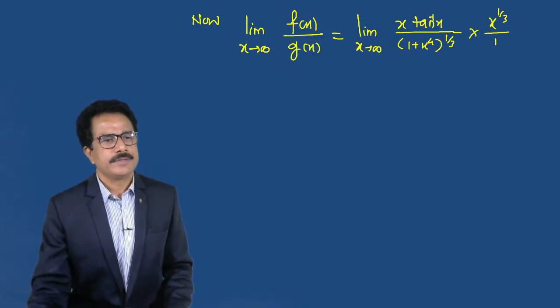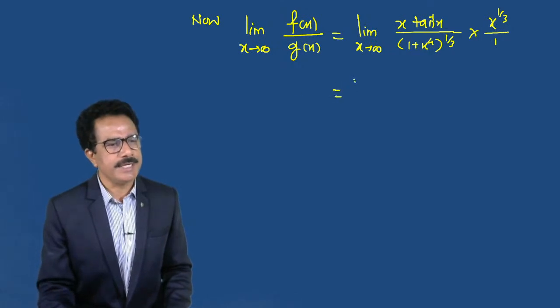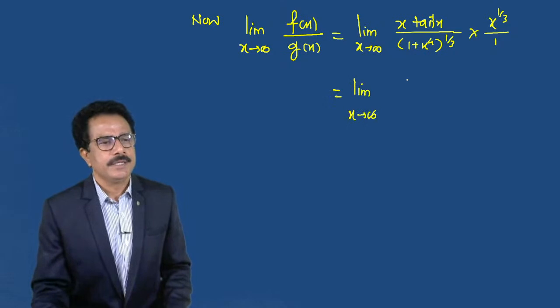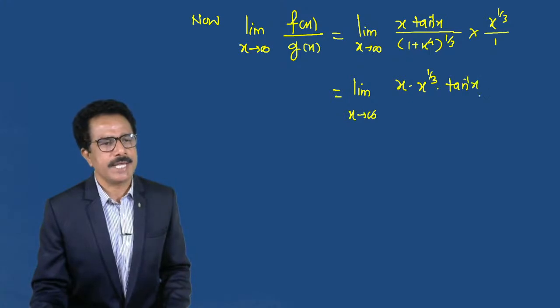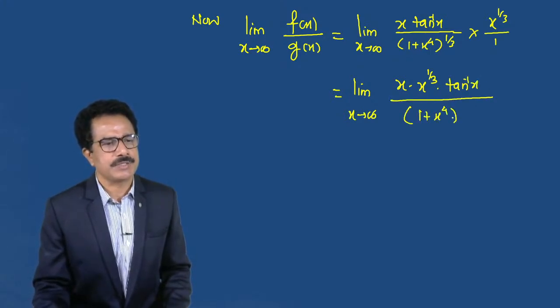So it can be written as the limit x tends to infinity x into x raised to 1 by 3 into tan inverse x divided by (1 plus x raised to 4) bracket raised to 1 by 3.